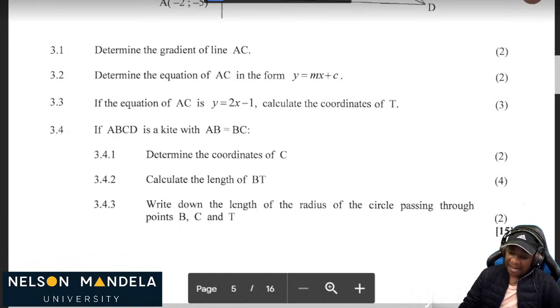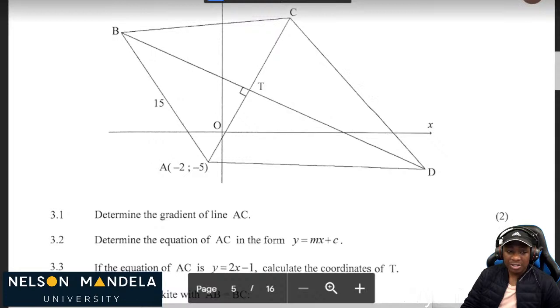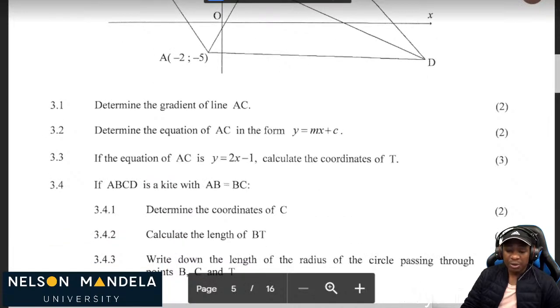If this is a diameter, we can determine the radius. The entire line is the diameter, but the radius is the line from the center to the circumference. So our radius will be equal to BC divided by 2. What is our BC? BC is equal to 15. Remember, they say initially that AB is equivalent to BC.